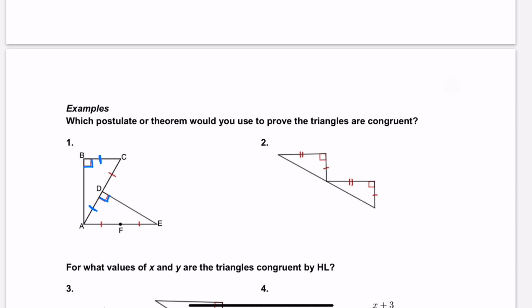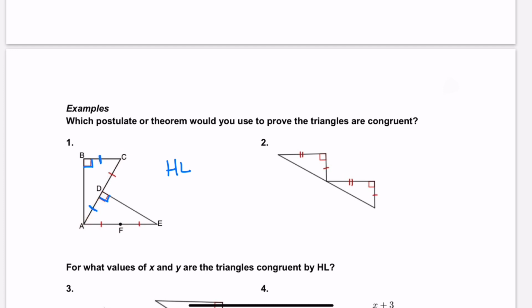And then if you look at each hypotenuse, it has two of these same pieces. So this one would be congruent by HL because it has a right angle. The hypotenuse is the same. They both have two ticks on the hypotenuse, and one of the legs is also the same.